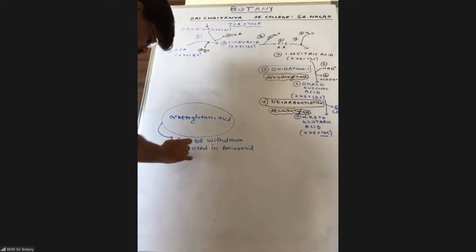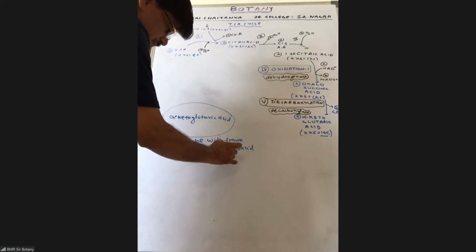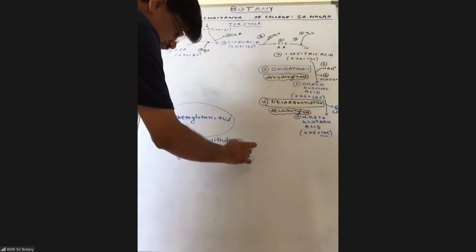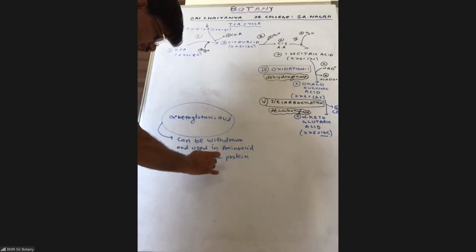If it is amino acid formation, it is used then for protein synthesis. That's how the intermediates of respiration are significant in anabolism also. One specialty for alpha ketoglutarate acid of the Krebs cycle.